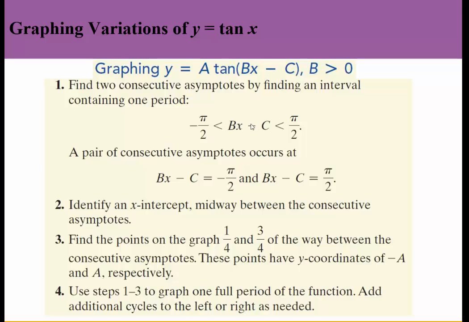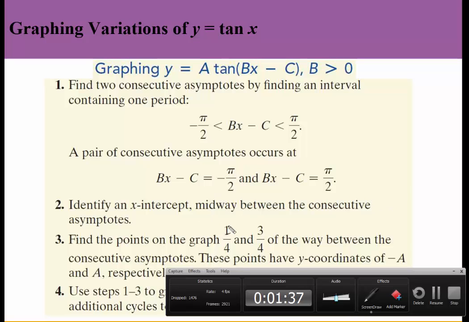We're going to take that and set it between negative pi over 2 and pi over 2. So this will always get you your asymptote. When you solve this for x, whatever it is, and we're going to do a few of these, you'll get your asymptotes. Now the x-intercept is going to be halfway between those consecutive asymptotes. So I want to give you a little formula on how to get it.